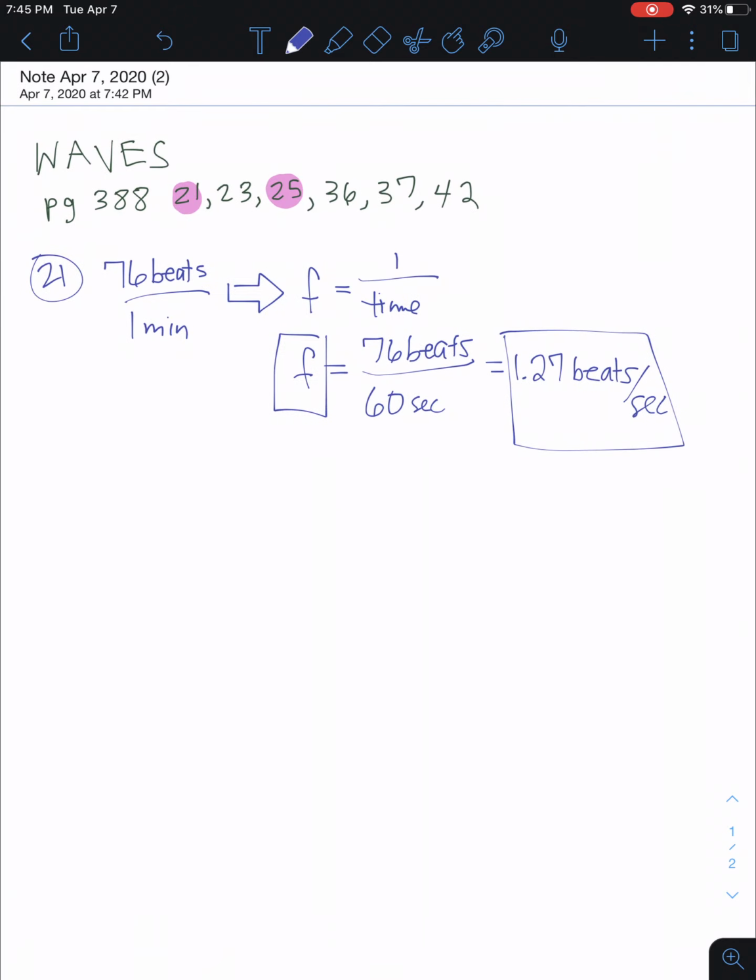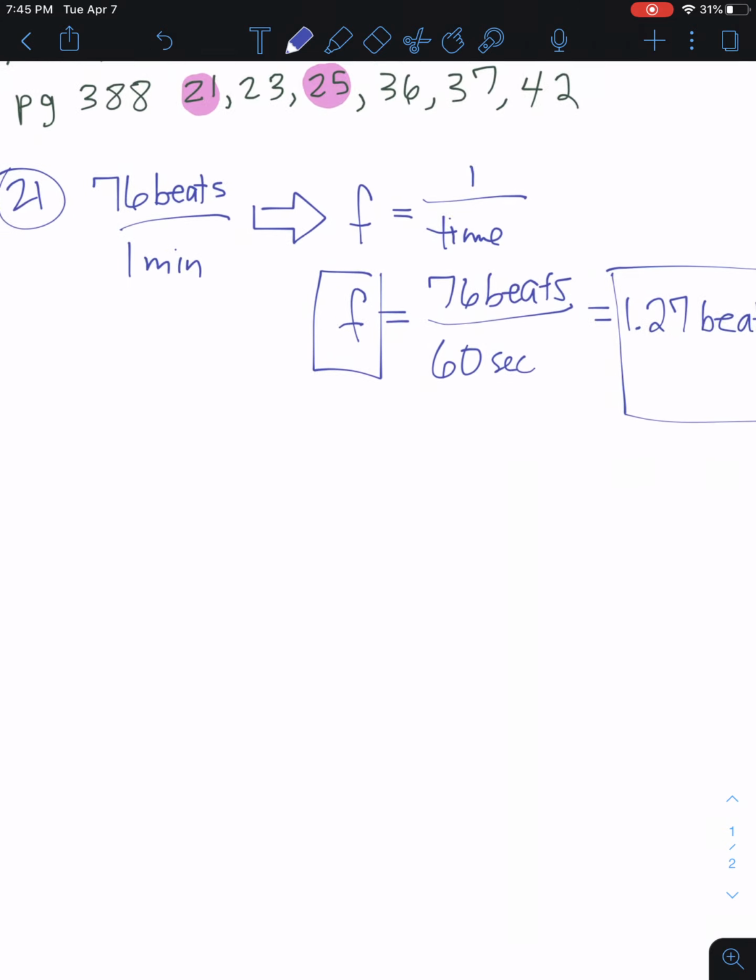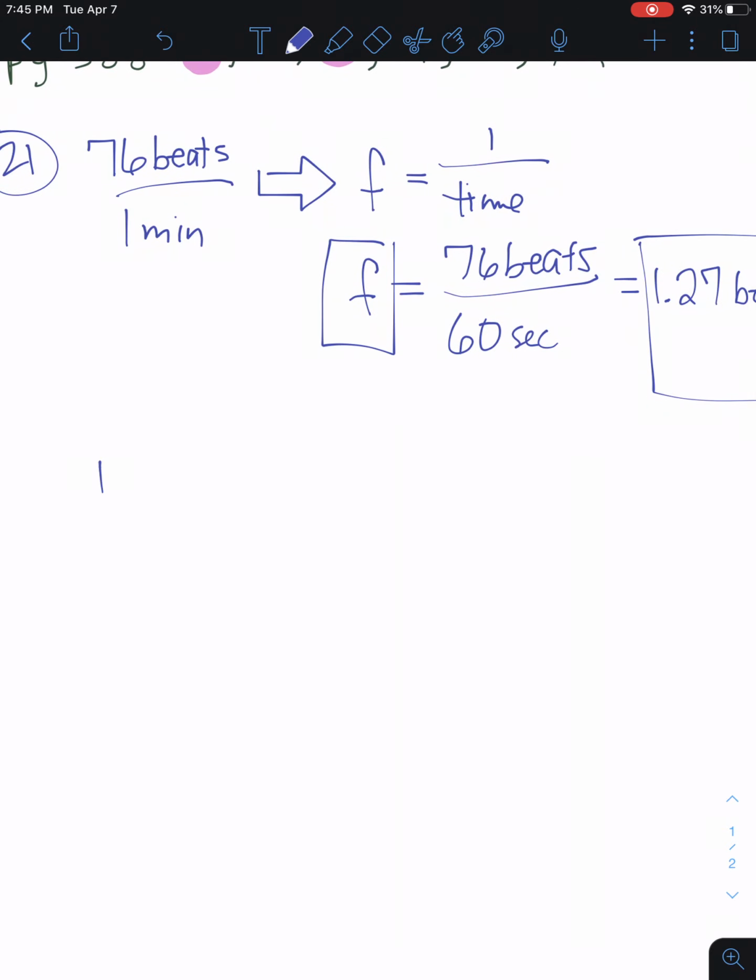Okay. Now the period is like how long it takes to do one beat. So if there's 1 1/4 beats every second, how long does one beat take? So the formula for that is period is equal to 1 over frequency.